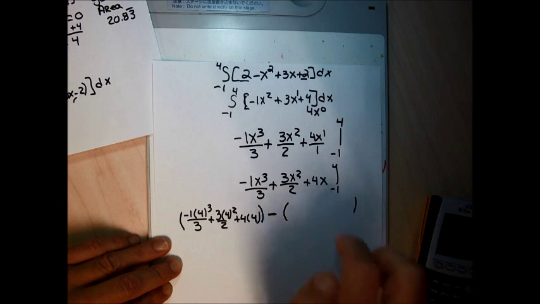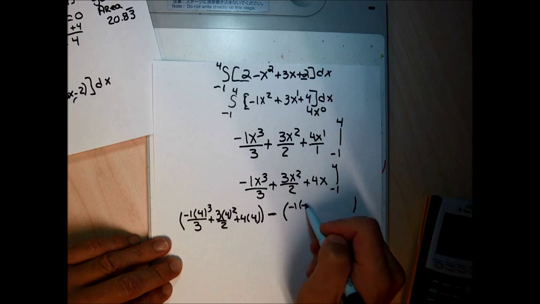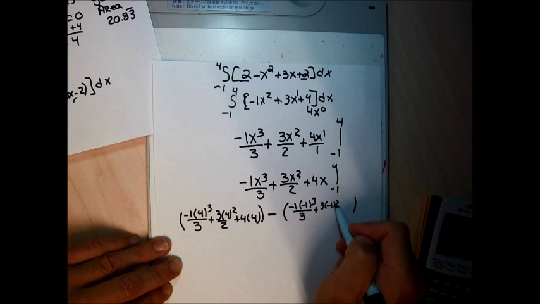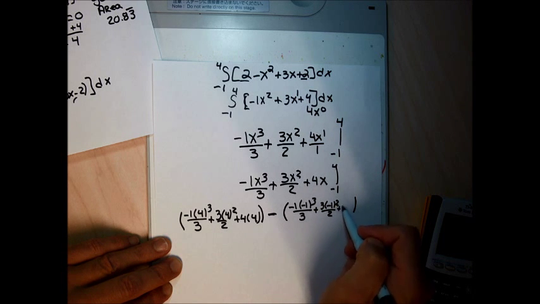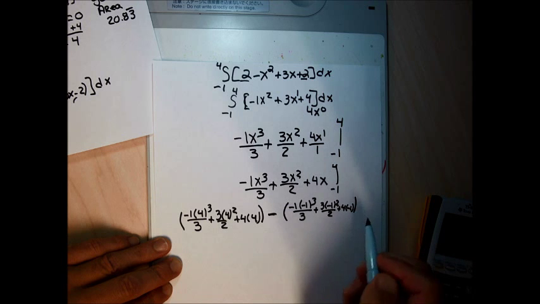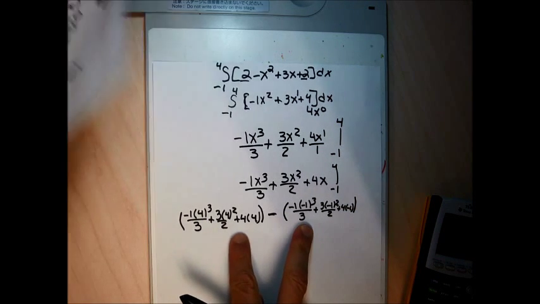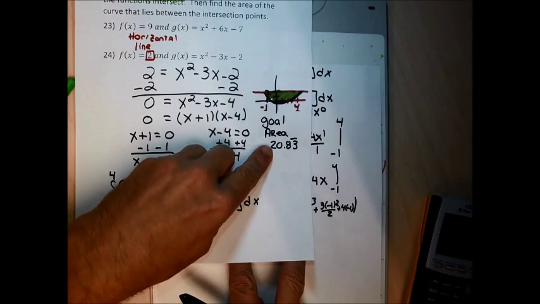And in the next parentheses, I'm going to go -1 times -1 cubed over 3 plus 3 times -1 squared over 2 plus 4 times -1 and get a fraction for that. I'm going to subtract the 2 fractions and I'm going to get a decimal equivalent of 20.83. My answer should be a fraction.